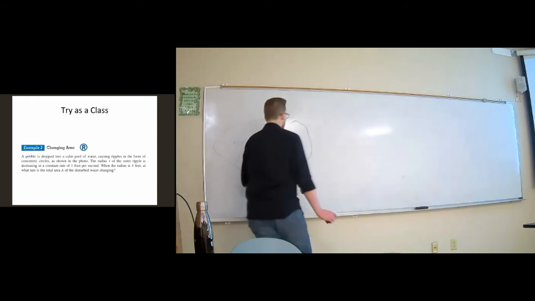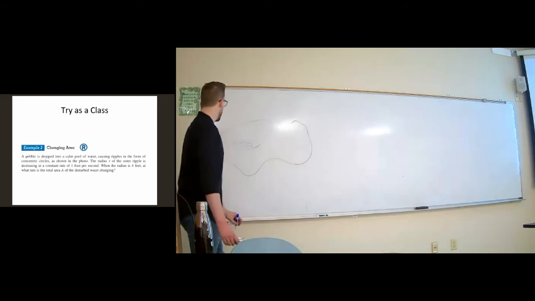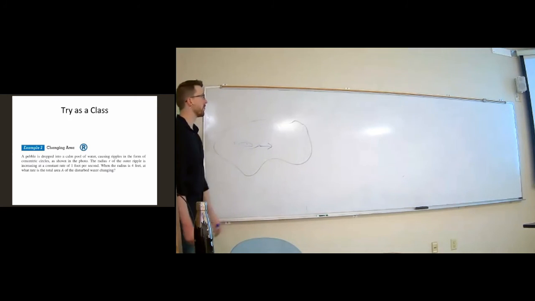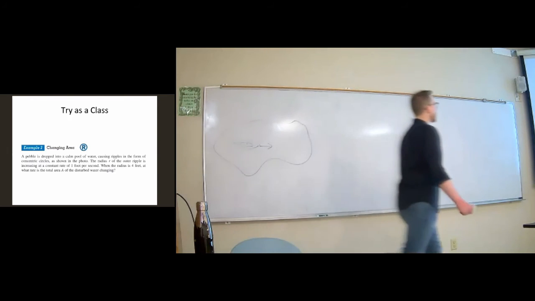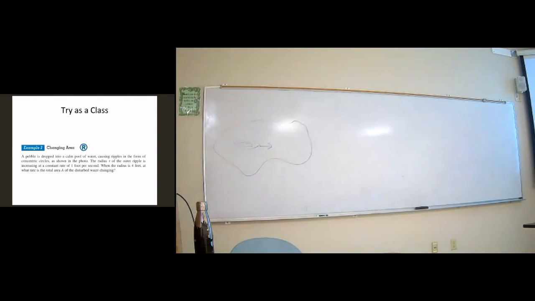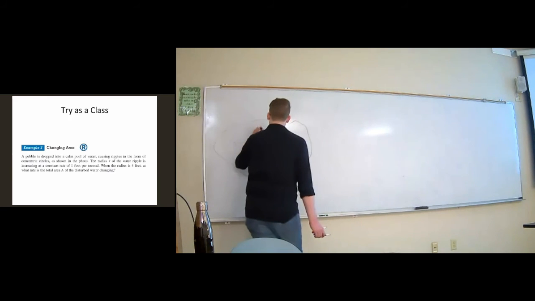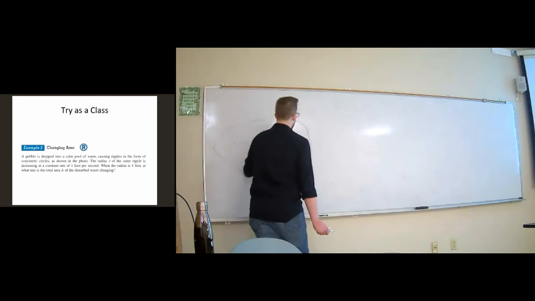It'll look something like this, right? These waves are going to move out. So we know that the radius of the ripple is increasing at a constant rate of 1 foot per second. So dr/dt is equal to 1 foot per second.